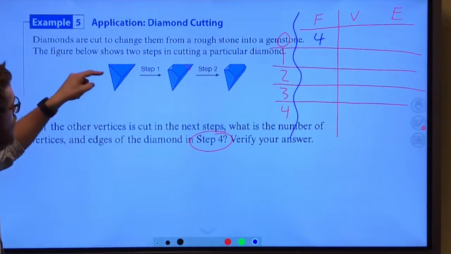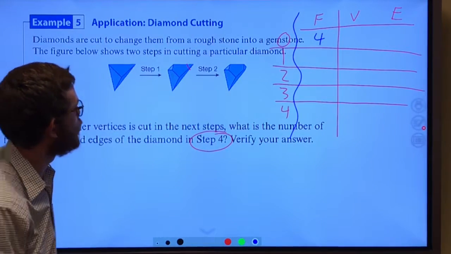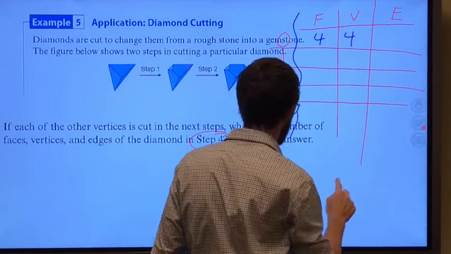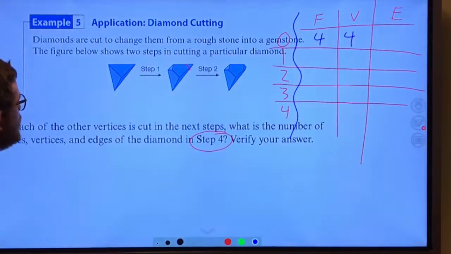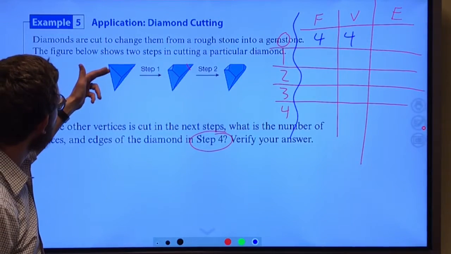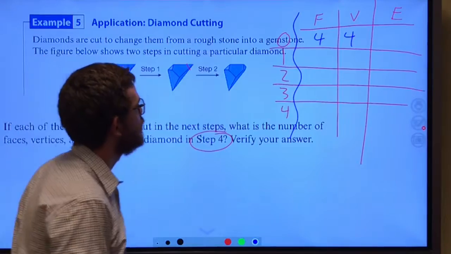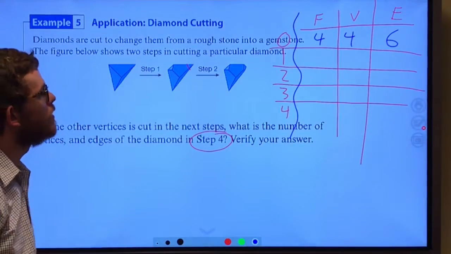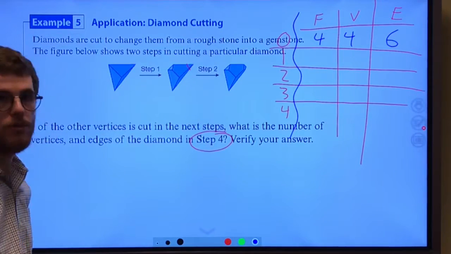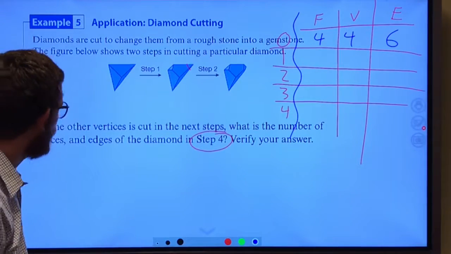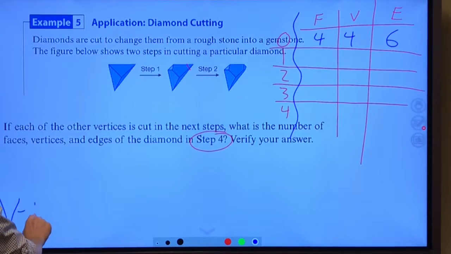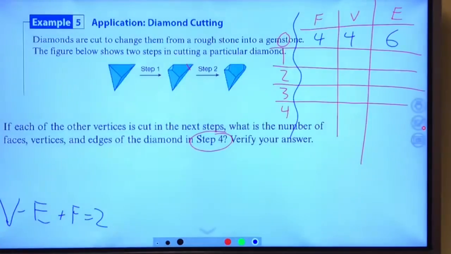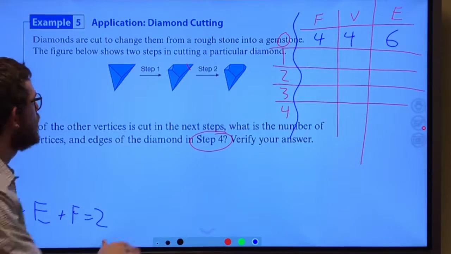How many vertices? 1, 2, 3, 4 vertices. And how many edges? 1, 2, 3, 4, 5, 6 edges. V minus E plus F equals 2. Check it with Euler's formula. It works out. We counted them good.